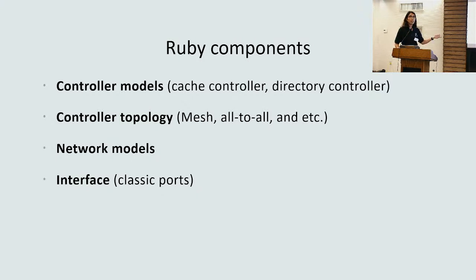It has a network model, which specifies what kind of network technology you're using, what kind of switches, links, link latencies, those sorts of things. And then the interface, basically how Ruby is connected to all the peripherals, all the CPUs and memories and so on. Today, I'm going to talk about the controller models and the interface. The other two, we're going to leave for Thursday to see how that is implemented in gem5.